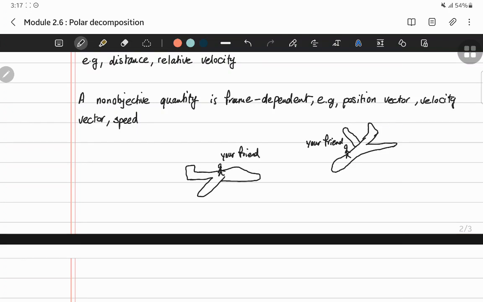I don't know if you experienced this, but when you see yourself actually traveling at a speed of 900 kilometers per hour, it is the same for your friend who is flying at a speed of 900 kilometers per hour.